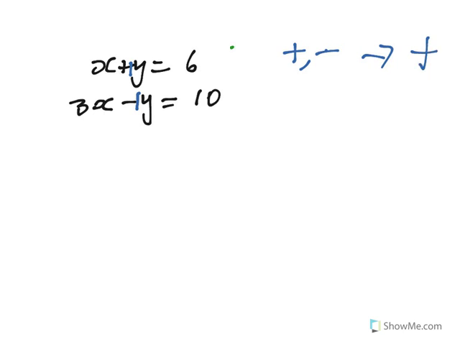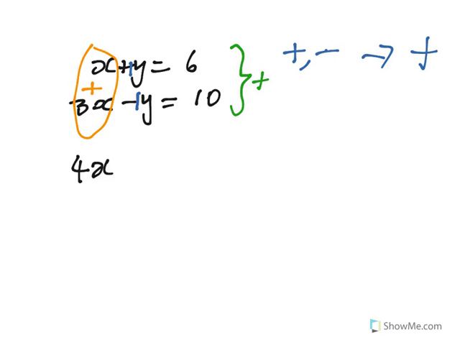The way I add is I add down these columns, so x plus 3x, and when I do that I get 4x.